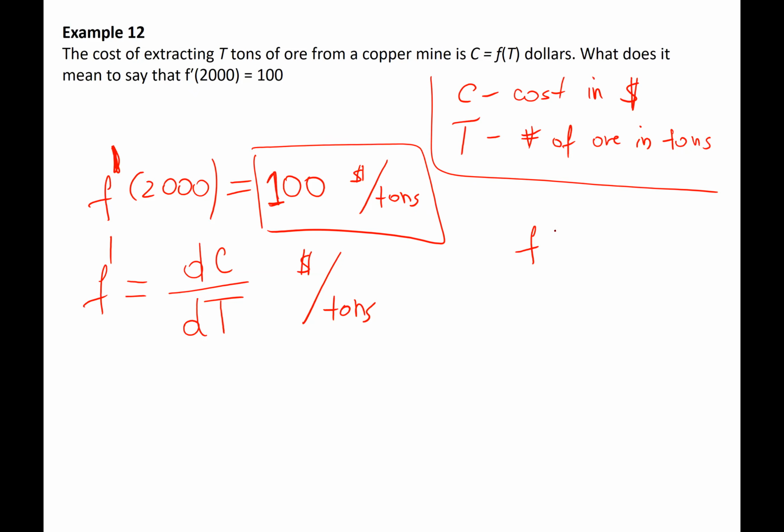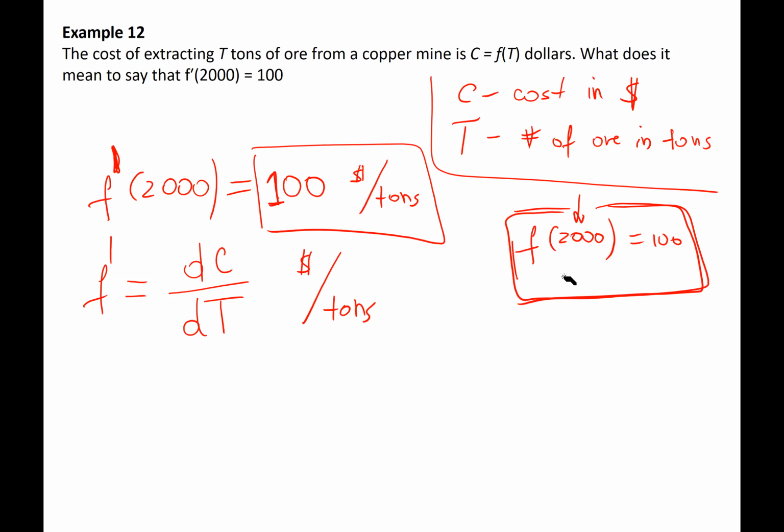Right? This will be just the value of the function. If we have 2,000 tons, it will cost 100. But that's not a prime. That means the explanation, I think, was just the value of the function.